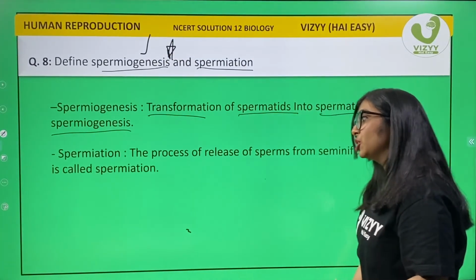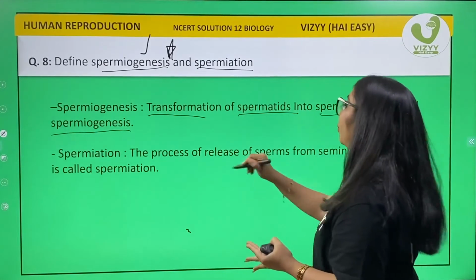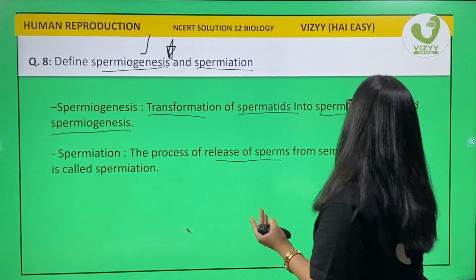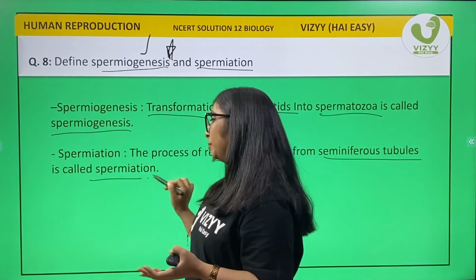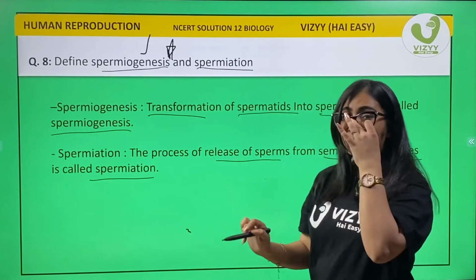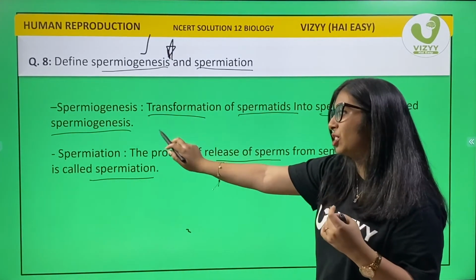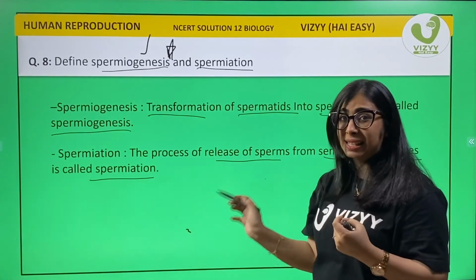What is spermiation? The process of release of sperm from seminiferous tubule is known as spermiation. So students, after spermatogenesis, spermiation takes place.